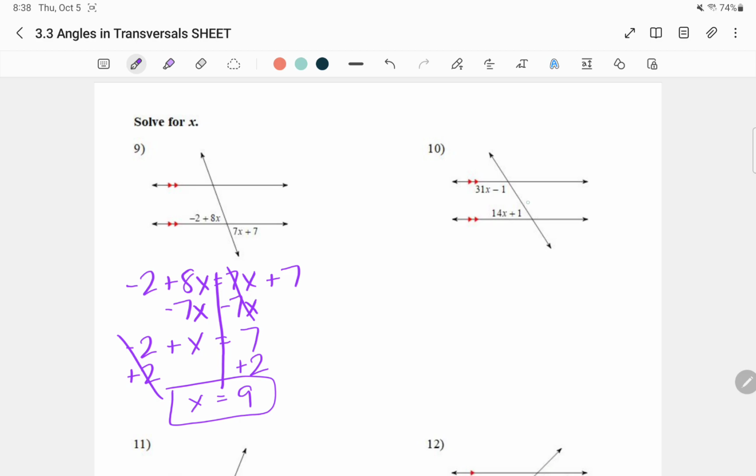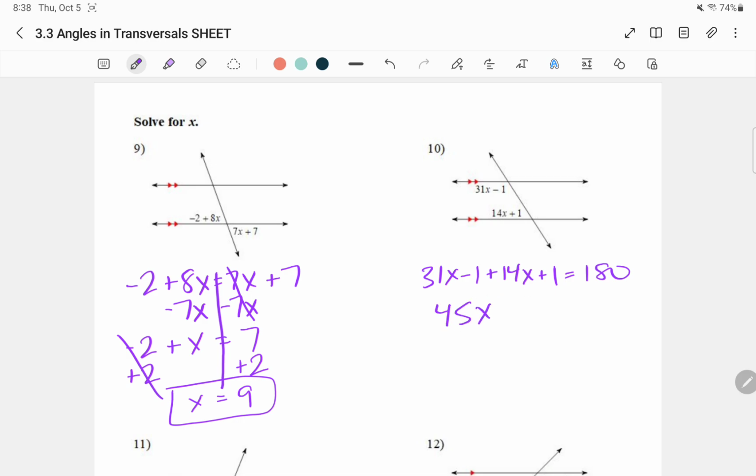And now for number 10, this is the exception. This is same side interior, so they're not equal to each other. They're going to add to 180. So 31x minus 1 plus 14x plus 1 is equal to 180. I'm going to combine like terms. So 31x plus 14x gives me 45x.